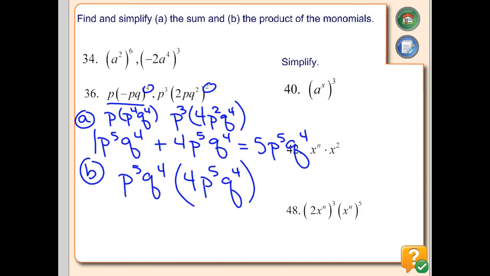So if I multiply those, well, the understood 1 times 4 is 4. P to the 5th times p to the 5th is p to the 10th. And q to the 4th times q to the 4th is q to the 8th. So a little bit complicated. You're going to have to slow down and be deliberate in your thinking.